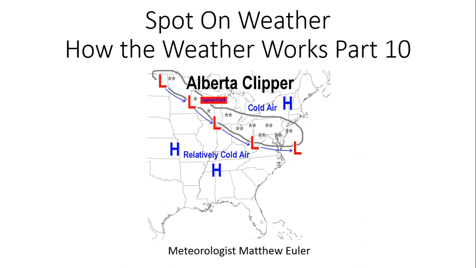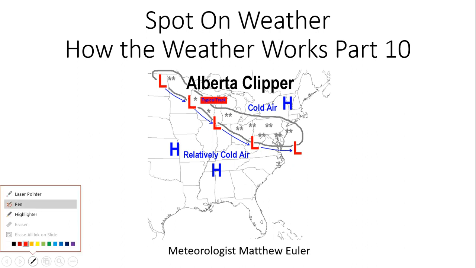On this particular title slide, I'm showing an example of a special type of weather system known as an Alberta Clipper.